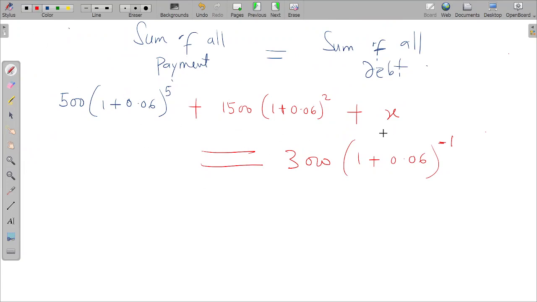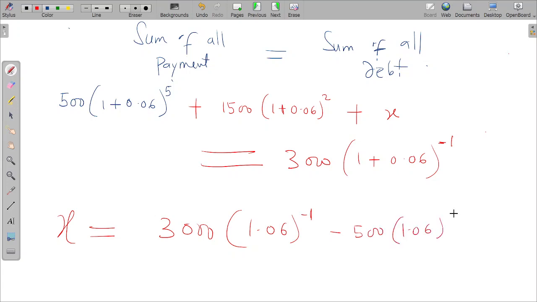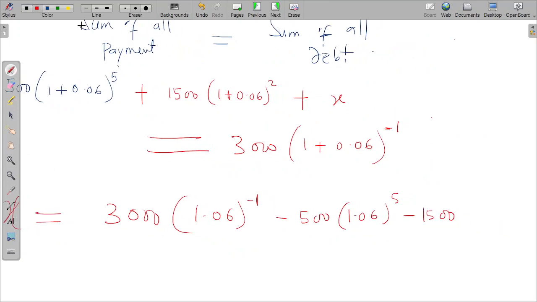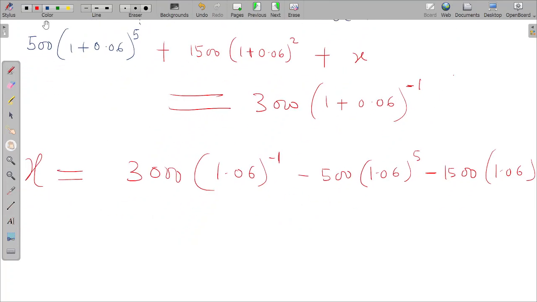Press your calculator, and you get x equals 3,000 times 1.06 raised to power minus 1, minus 500 times 1.06 raised to power 5, minus 1,500 times 1.06 raised to power 2. By the time you press your calculator, you get your answer.